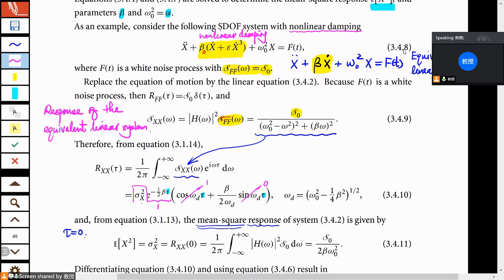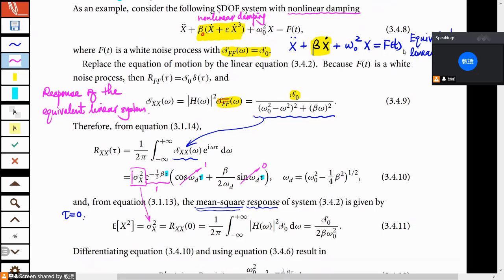So we only have this term left. Okay, so that's the mean square response. And from here, substituting here, we find this integral is this.